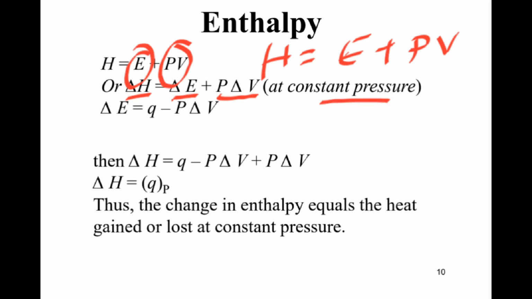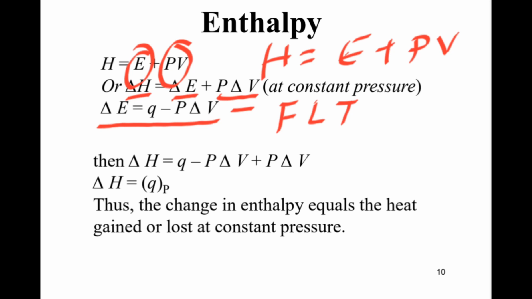Because when we defined enthalpy change earlier, we said it is the heat content at constant pressure, or heat gained or absorbed. So according to the first law of thermodynamics we have this equation: change in E means what?